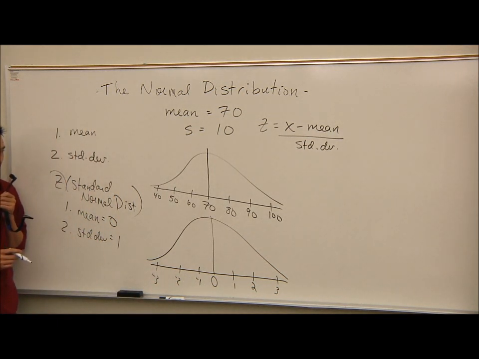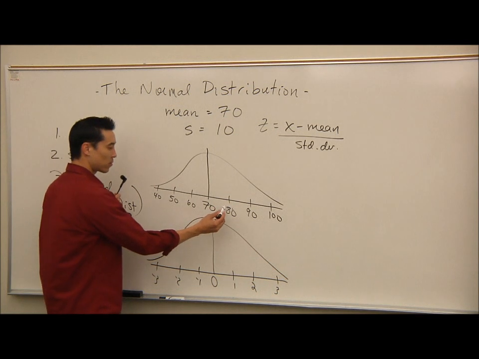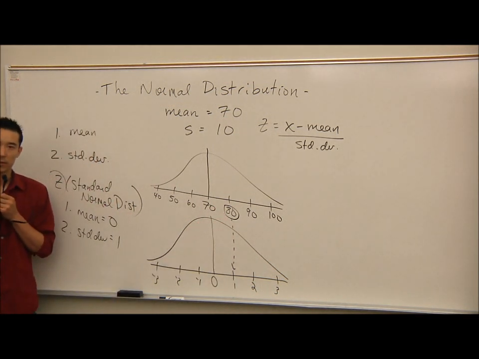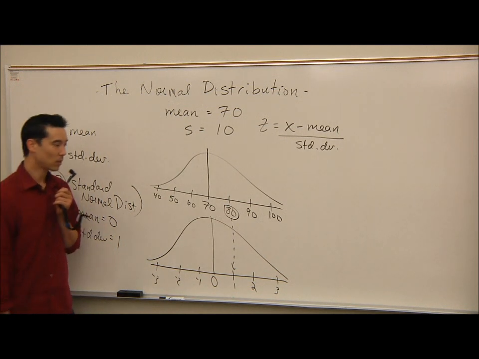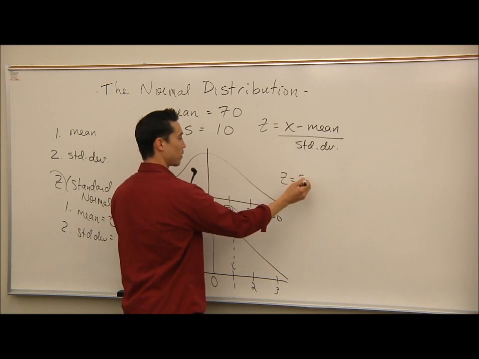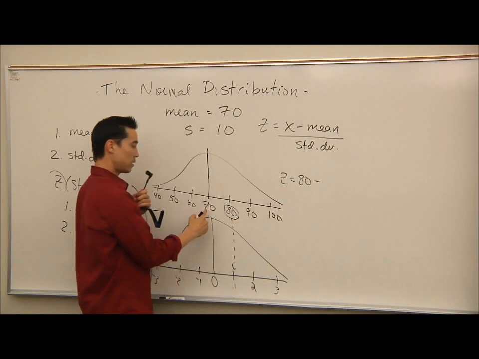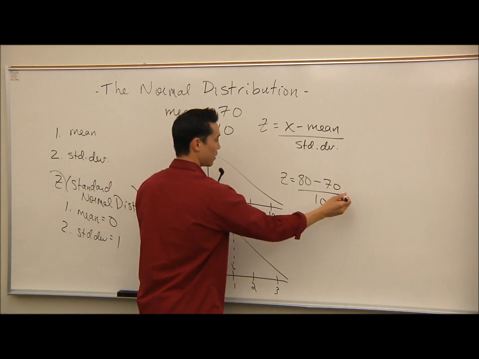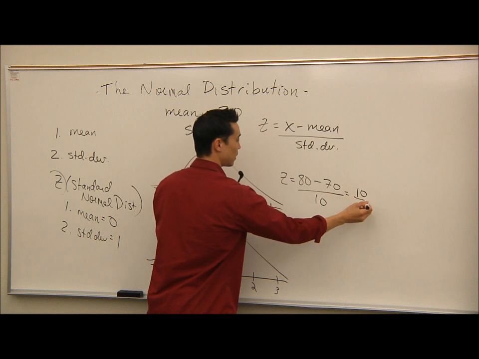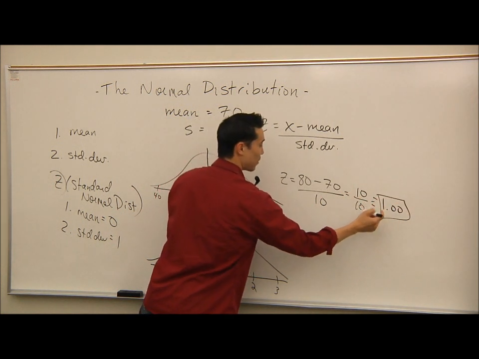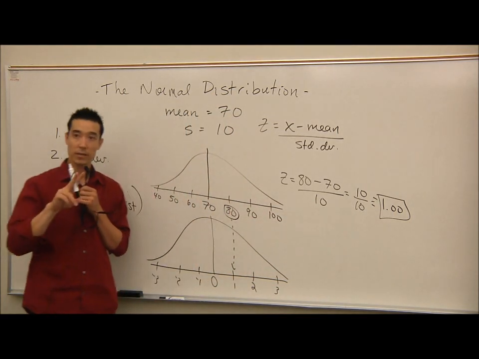Okay? So, for instance, take the test score 80. That should go with 1, right? Can we check that real fast? What would I do? What's my z-score say? Z equals 80 minus the mean, 70, divided by the standard deviation, 10. Well, 10 over 10 is 1. Okay? And I'm going to get in the habit of putting my z's to 2 decimal places.